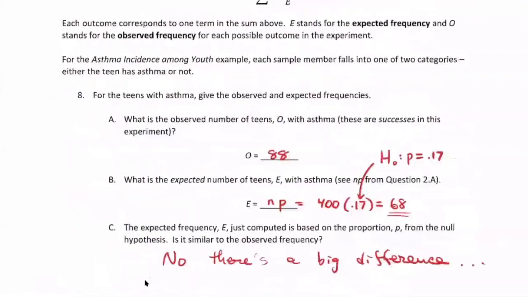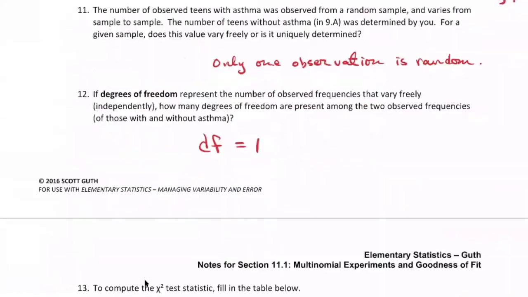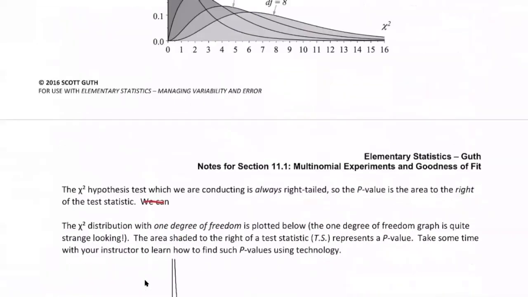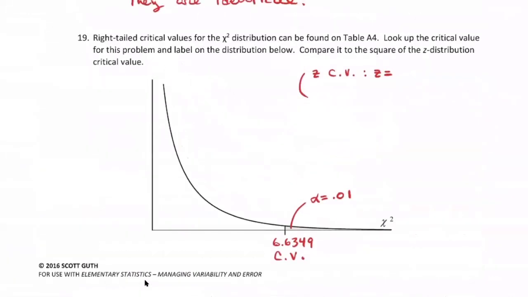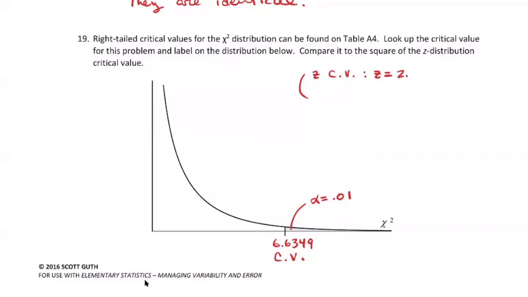Okay. So now we're taking that value, 2.576, and squaring it, the Z squared. 2.576 squared. Anybody?